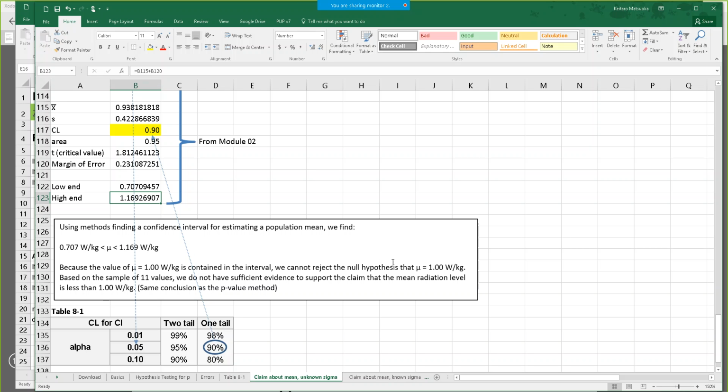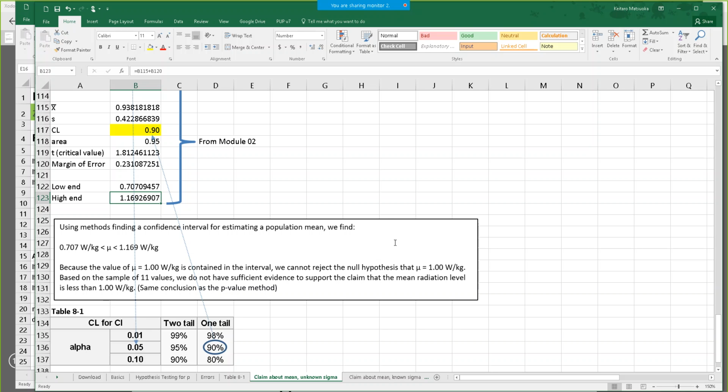So it makes sense that it's reasonable that 1.00 is the actual radiation level. So we cannot reject the null hypothesis that the mu is equal to 1.00 because 1.00 is within the interval. So we cannot throw that away. So we do not have sufficient evidence to support the claim that the mean radiation level is less than 1.00.